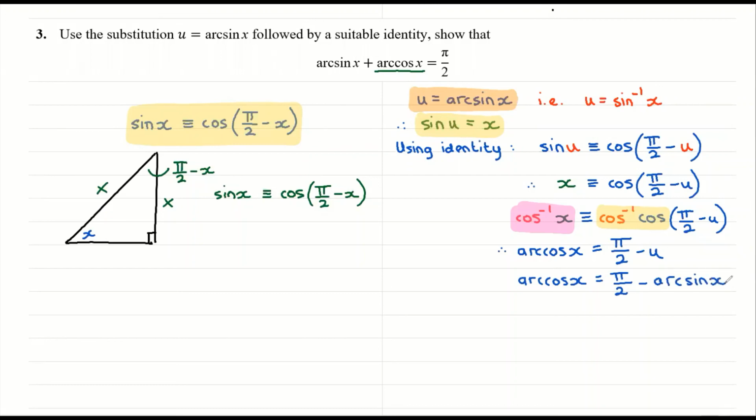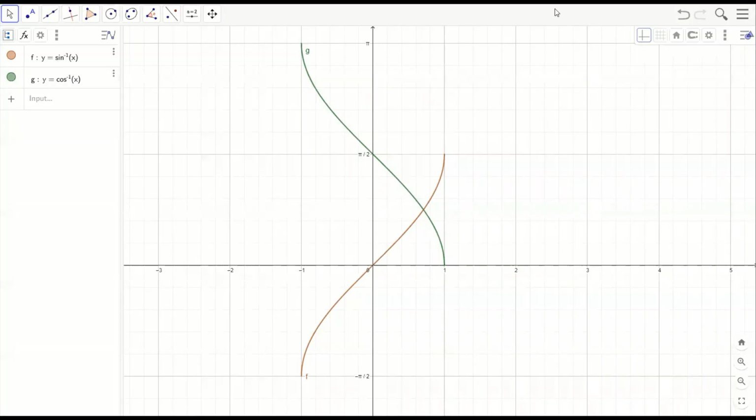And a little bit of rearranging will prove our result. So arccos x plus arcsine x is equal to pi over 2.